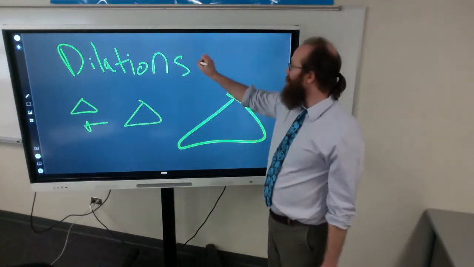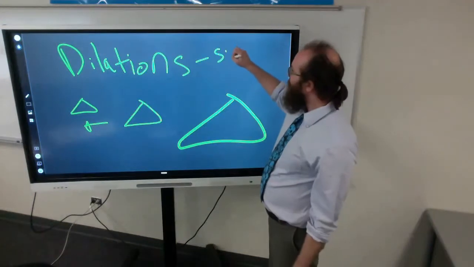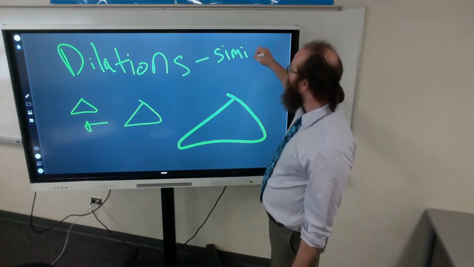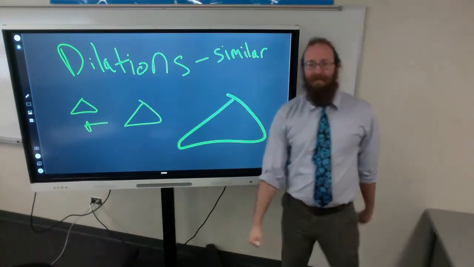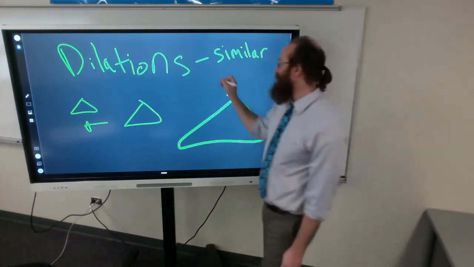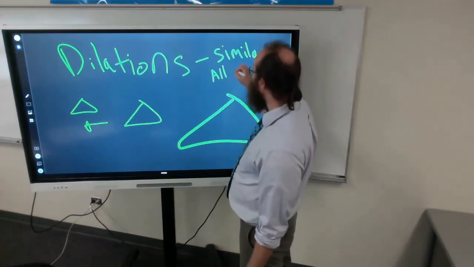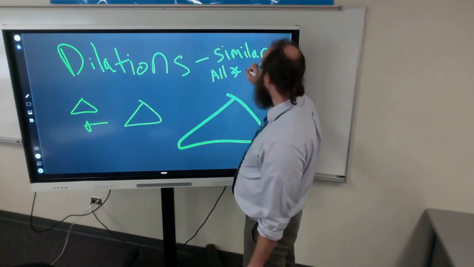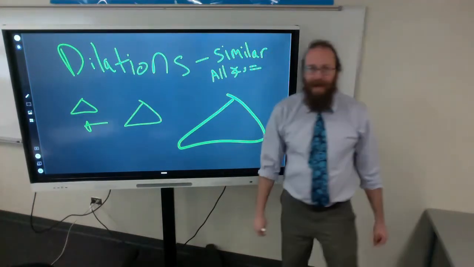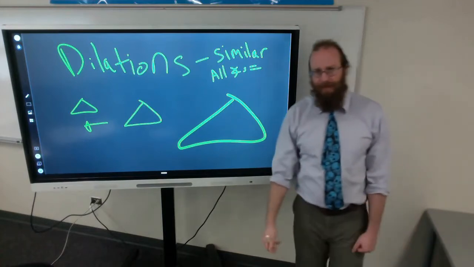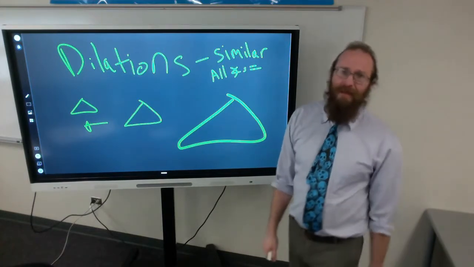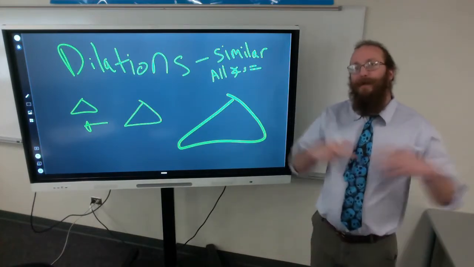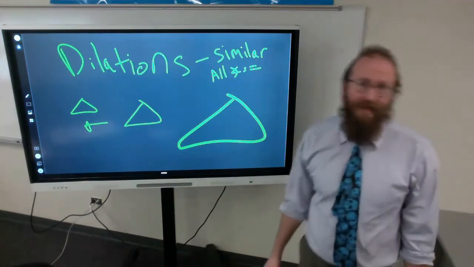What's important to note in dilations is that it creates a similar object. Similar means all angles are the same, right? All angles are congruent, all angles are equal, and it is the same shape. So you have the same number of angles, same position, same type, but the distances in between those angles is changed.